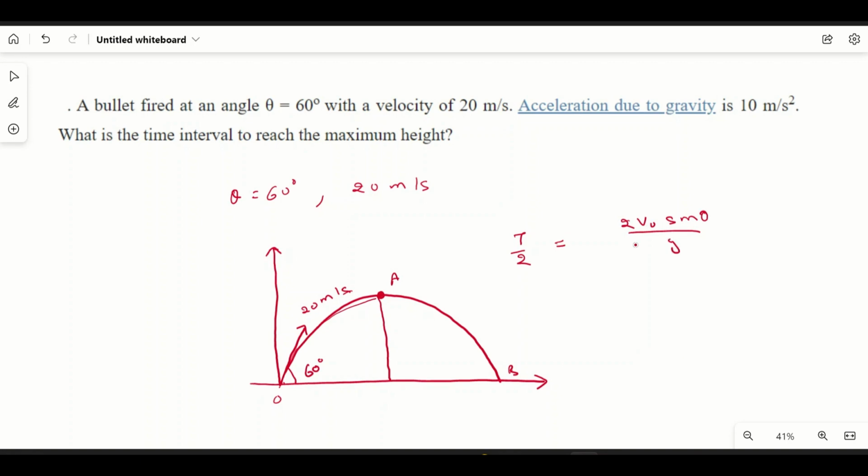So T by 2 is V0 sine theta by g, which is equal to 20 into sine 60 by 10. So it is 2 sine 60, which is equal to 2 into root 3 by 2, which is equal to 1.73 seconds.